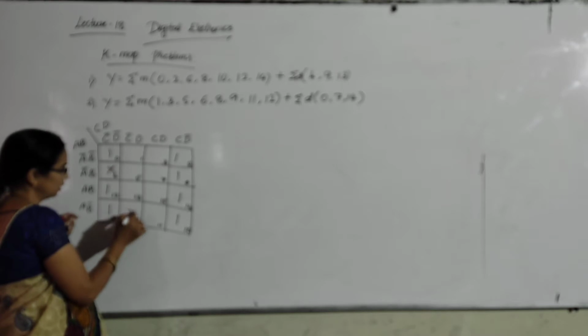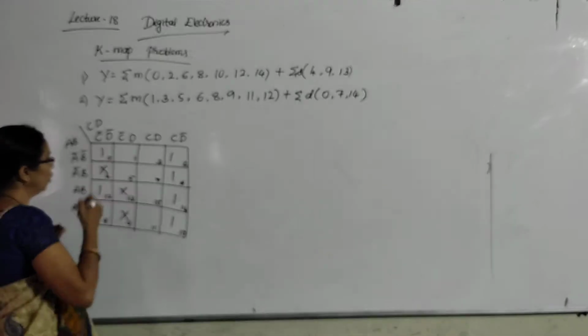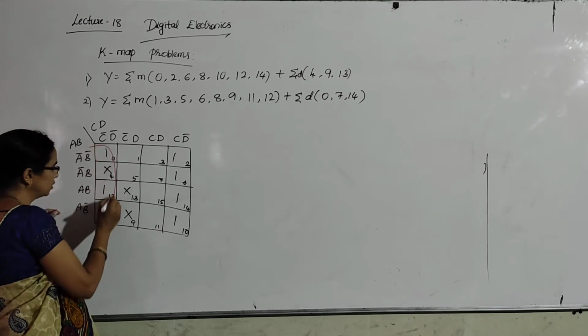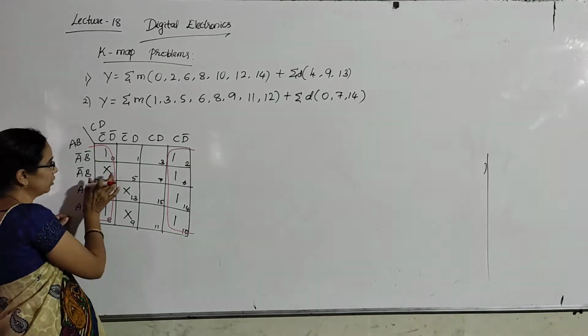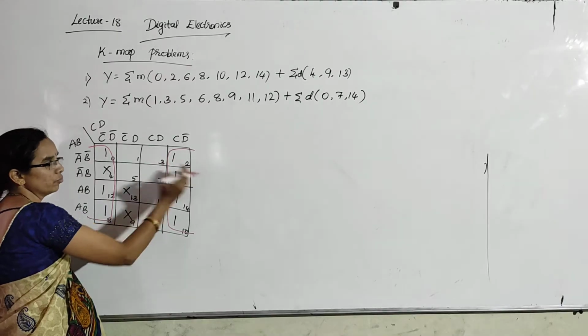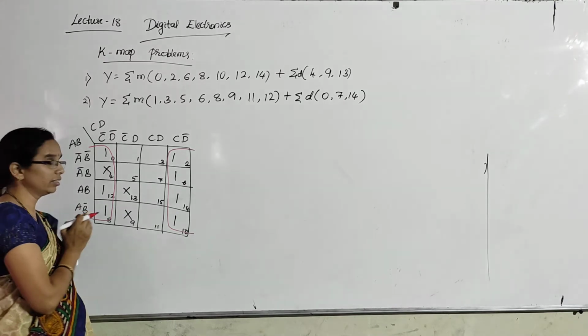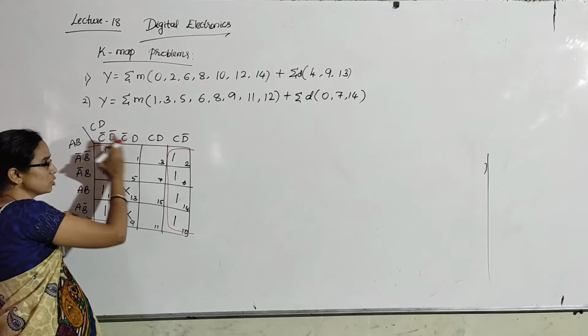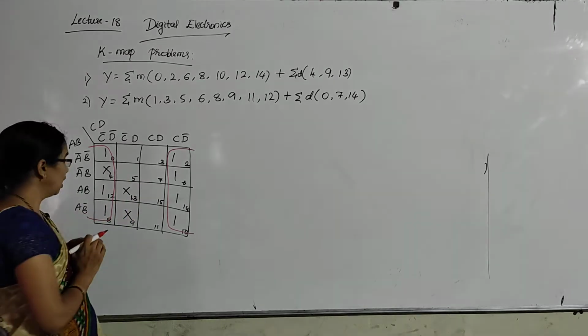4, 9, 13. So we will group it. How to group? I will make these 8 as an octet, this side 4 and this side 4. If you do rolling of the map, you can make this as an octet. Instead of making these two as squares, it is better to make these two as octets.